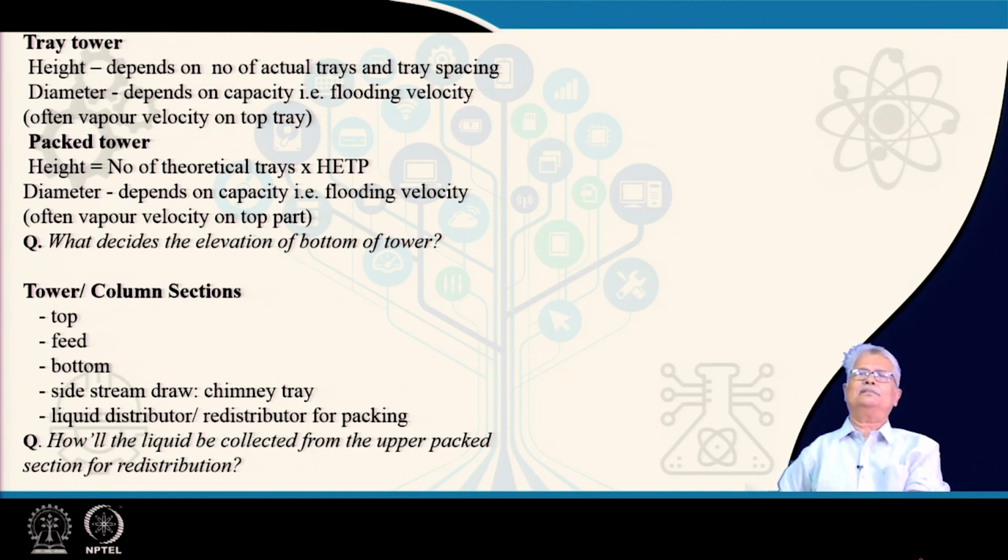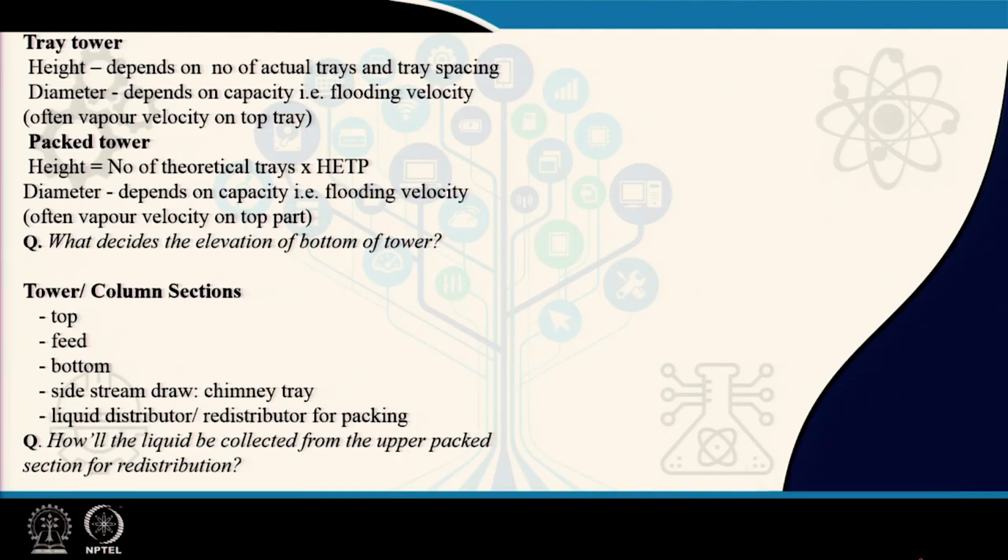The diameter depends on the flooding velocity, basically the capacity of your processing unit, maybe the distillation column capacity. In many cases, the vapor velocity on the top tray is the controlling.